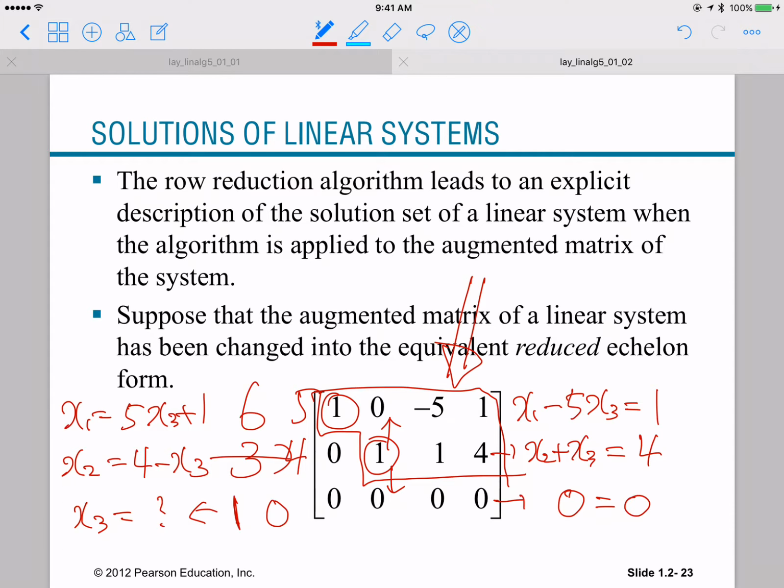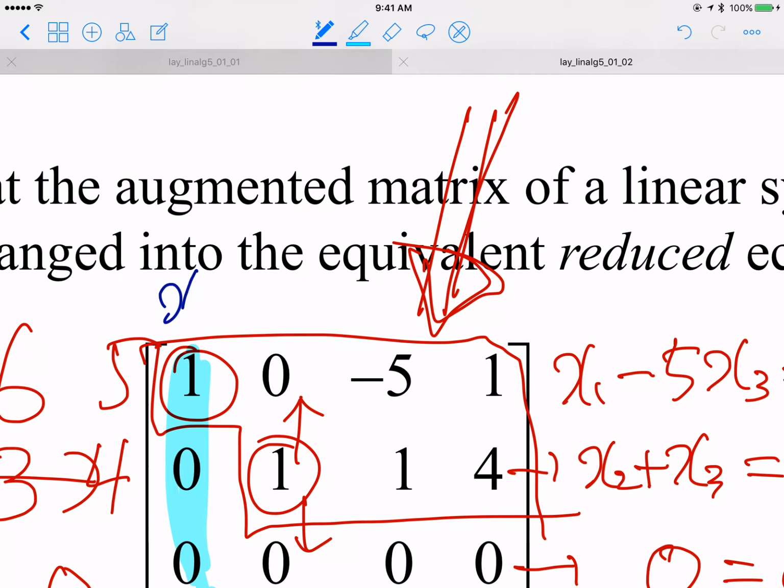And this free variable and basic variable are related to the position of the pivots. So let's look back at this reduced echelon form. I previously mentioned that the column positions of these pivots are important, right? The first column corresponds to the variable x1, and then x2 and x3.